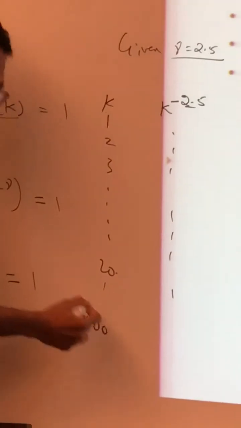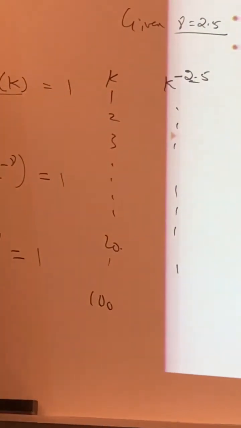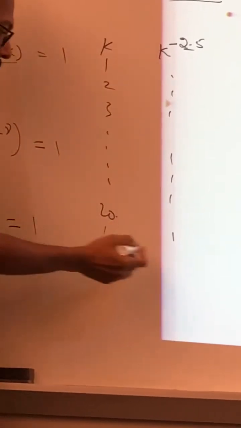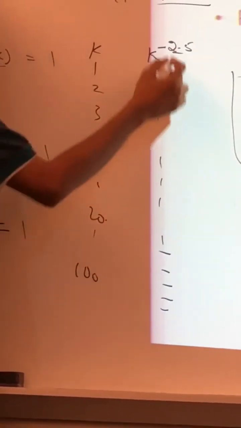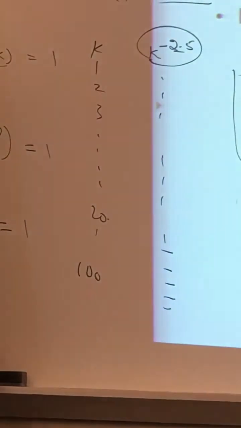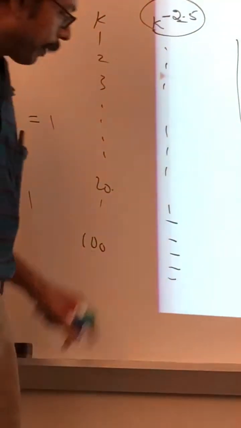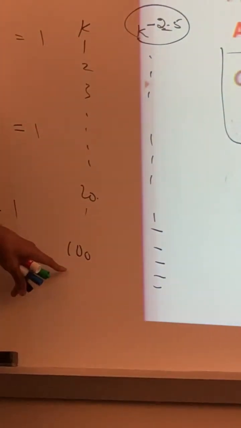Now you see it's a negative exponent, right? So as k increases, 100 raised to negative 2.5 is going to be a small number. As you increase k, the contribution of k raised to negative gamma to the sum will decrease. So after a while, you don't even need to consider those k values.